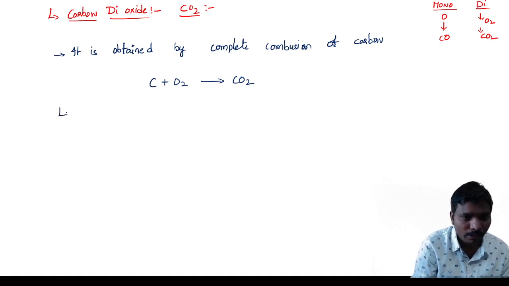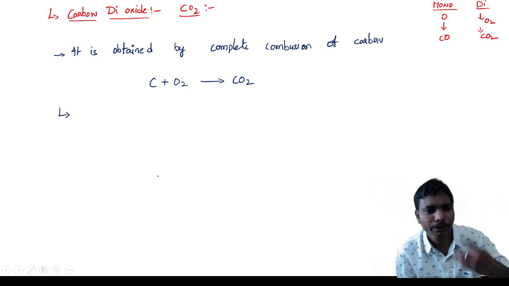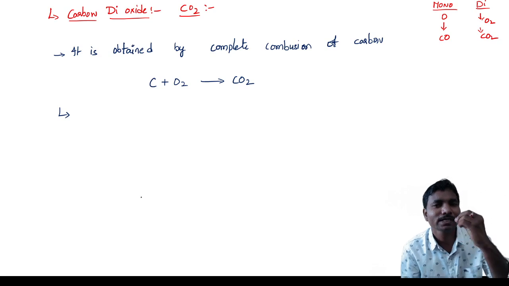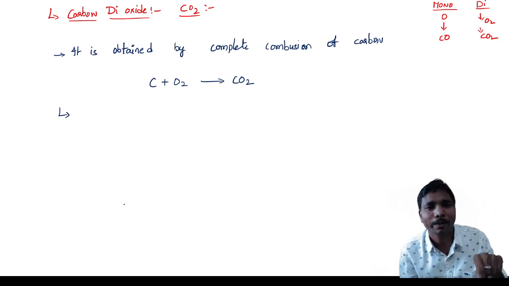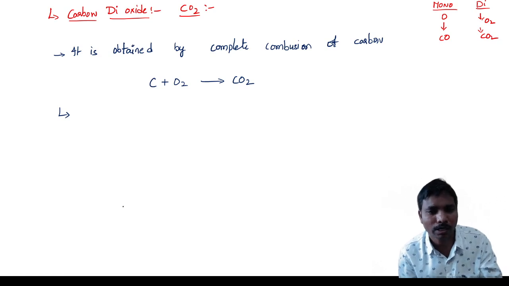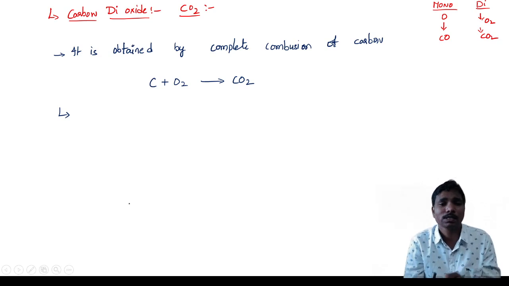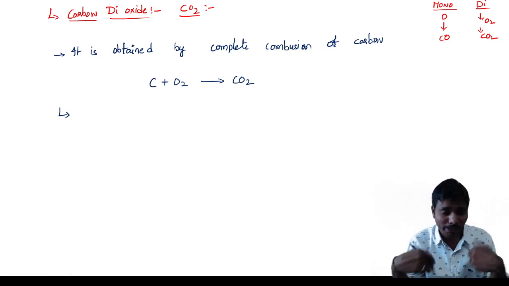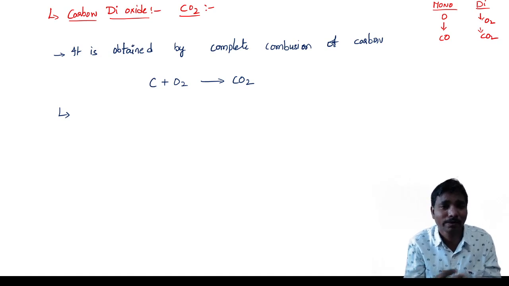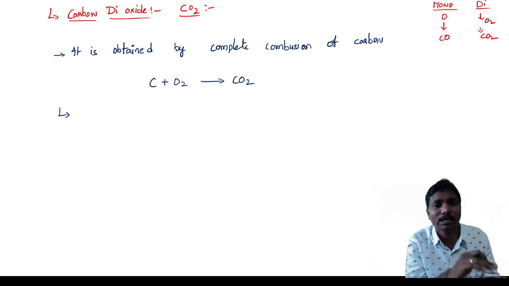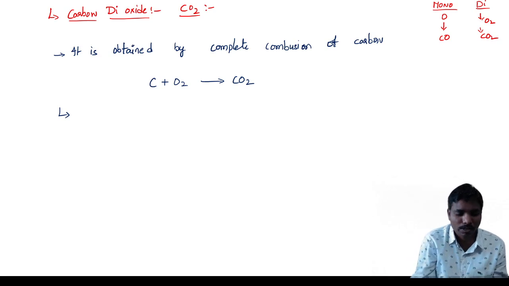And you know very well this is also produced during respiration, in plants and also in animals. Animals breathe in oxygen and release carbon dioxide. Plants are the reverse: plants take carbon dioxide and release oxygen.